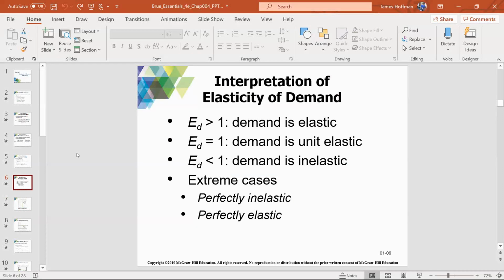Alright, so before we talk about the extreme cases, which are perfectly inelastic and perfectly elastic, let's make sure we fully understand where goods would go if they're elastic versus inelastic. It usually helps to think of some examples, so let's start with elastic.